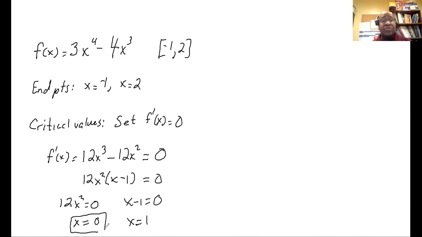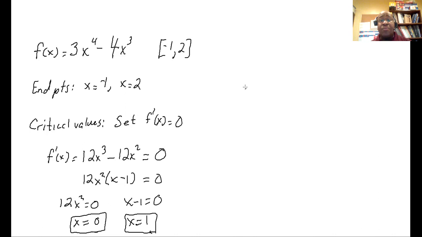So these are the values where the derivative is equal to 0. Now, being a polynomial function, there are no points where the derivative is going to be undefined. So we don't have to worry about that. So now we have 4 critical points, the endpoints and the critical values.